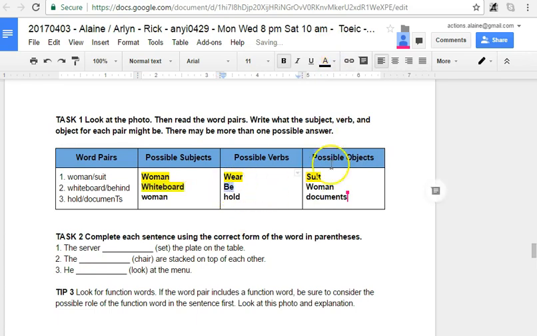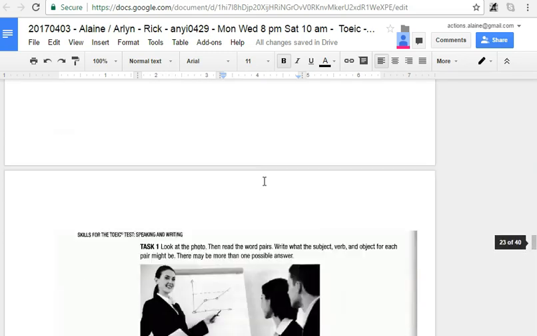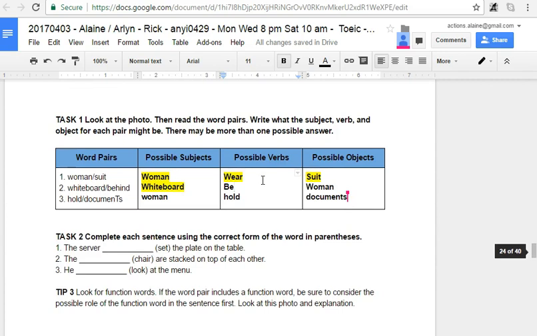B, what do you mean by B? B verb is for... what is your sentence construction for this? The whiteboard is behind the woman. Behind the woman.